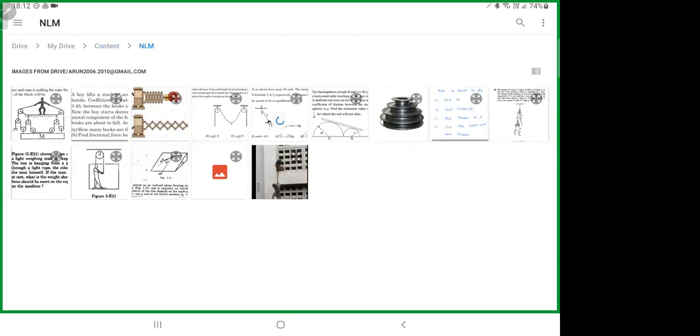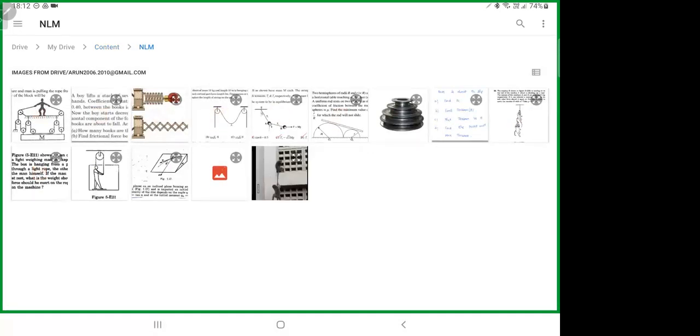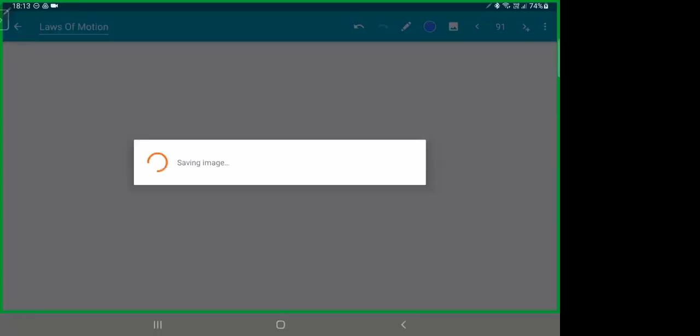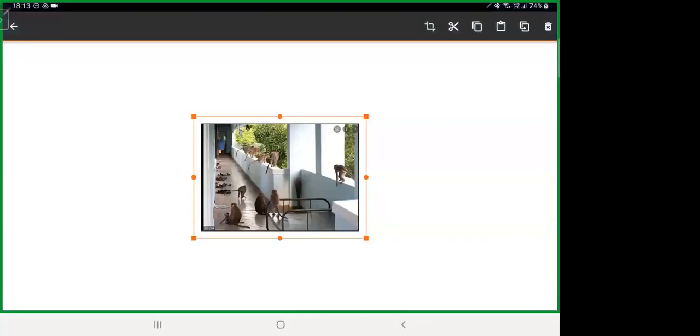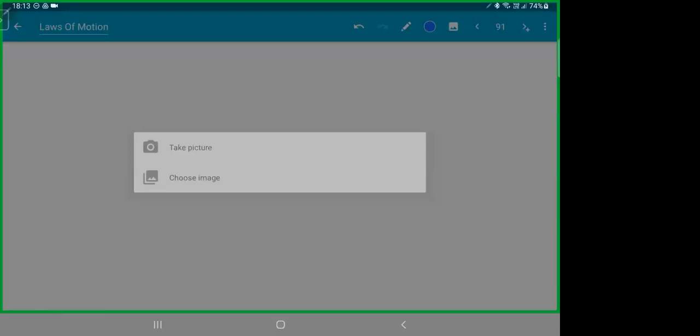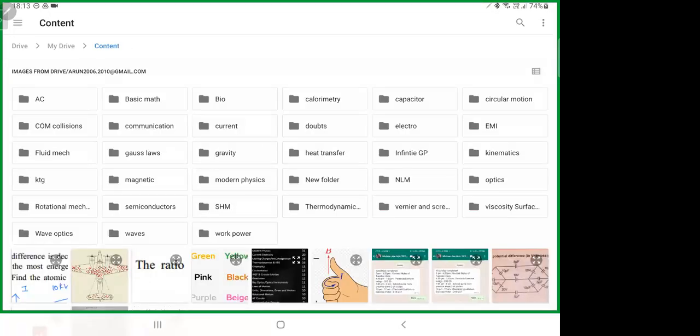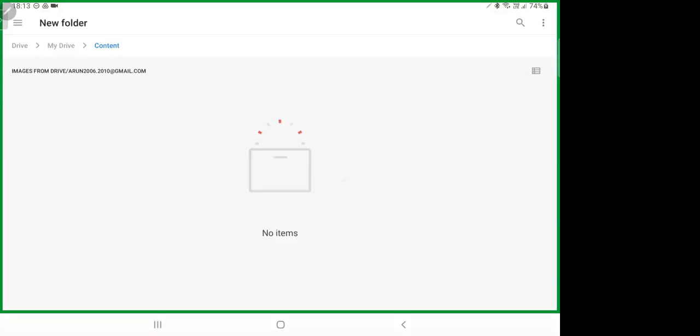Where are you? Where is that? No, this is IIT monkeys. That is my hostel ka photo actually. That is how the monkeys used to roam in front of the room. This is damn thing.